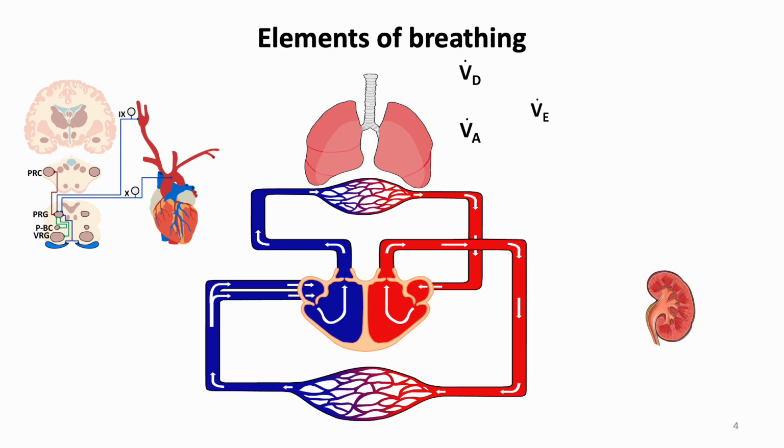Alveolar ventilation subsequently gives rise to a partial pressure of oxygen within the alveoli, PaO2. And from the alveoli, oxygen is then transported into the pulmonary capillary system by diffusion. This then gives rise to a given oxygen uptake in the body.